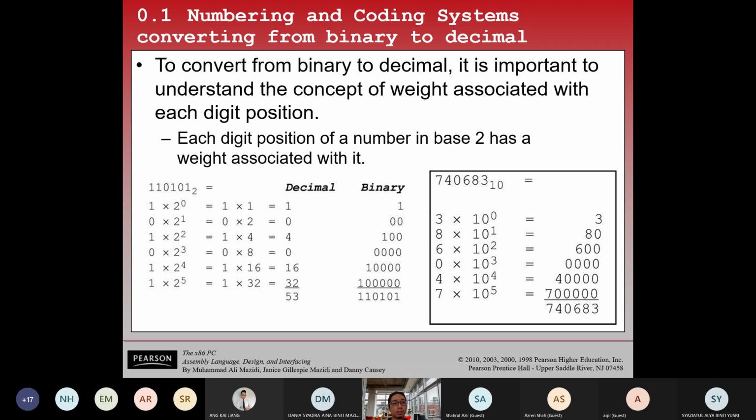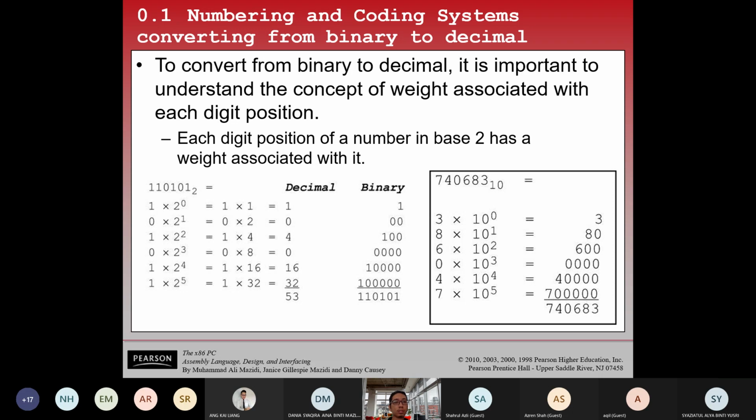So what is 2 to 0? It's 1, right? So 1 times 1, you obtain 1. And 2 to 1 is 2, 2 times 0, it is 0. 2 to 2 is 4, so it is 4 over there. 2 to 3 is 8, 8 times 0, it is 0. 2 to 4 is 16, so 16 times 1, it is 16.